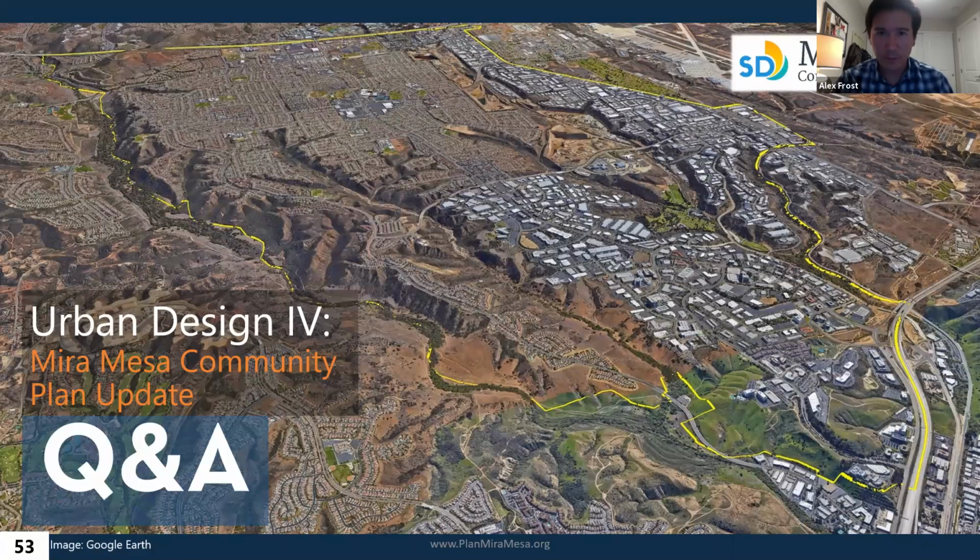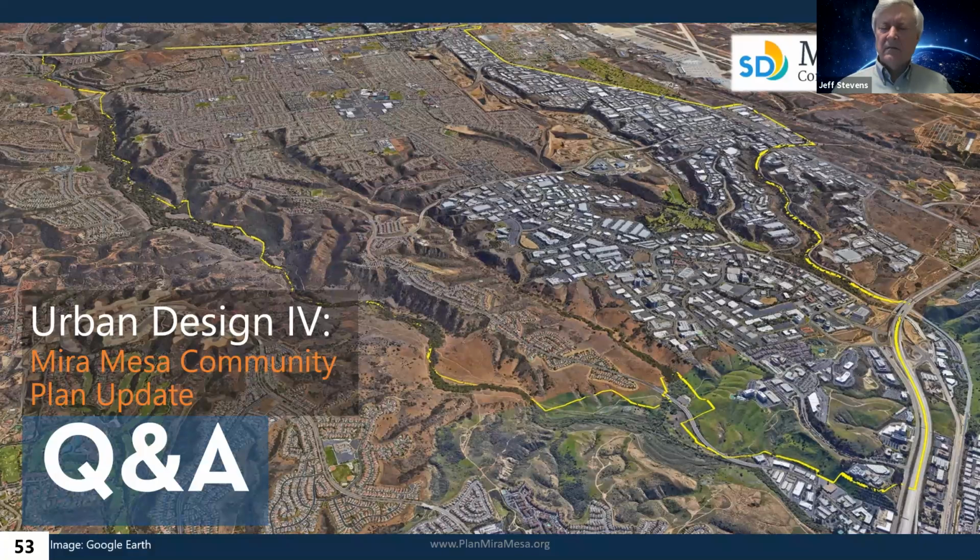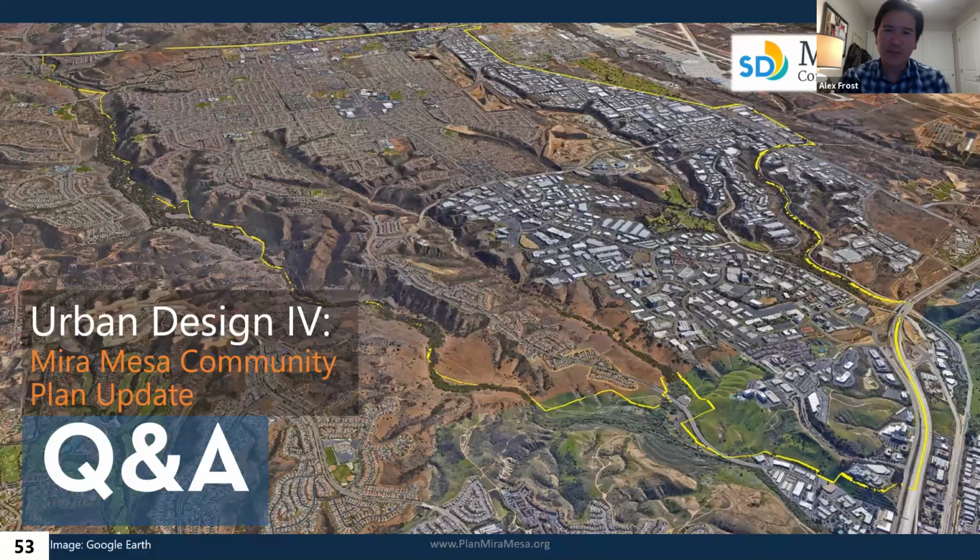So I will answer that question. Once we get to the preferred land use, that's when we'll start studying further connections and beautification in streetscape, the pedestrian network and routes around Mira Mesa.